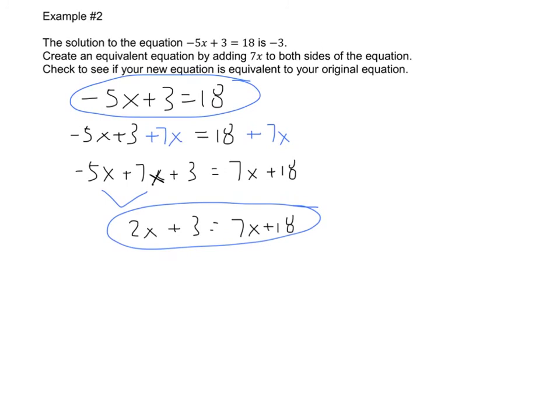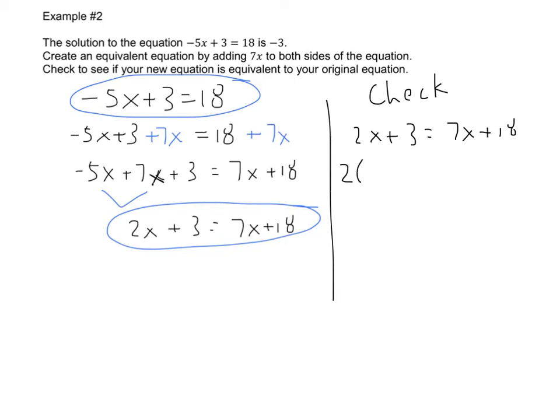All right, welcome back. So I'm going to show the work. Let's check. 2x plus 3 equals 7x plus 18. So we have 2 times, let's check if negative 3 is our solution. Let's plug in negative 3.